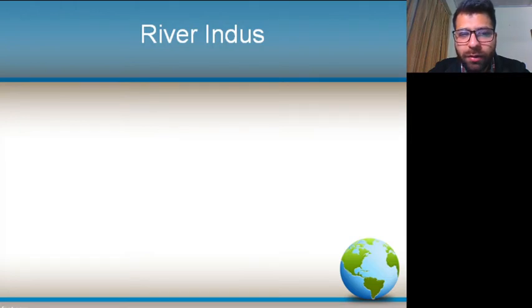It was one of the oldest civilizations of the world, and because this river is such an old river, the name of our country India has also been given because of this river Indus. That is why this river Indus is one of the prominent rivers in the history and geography of India. So let's study this river.